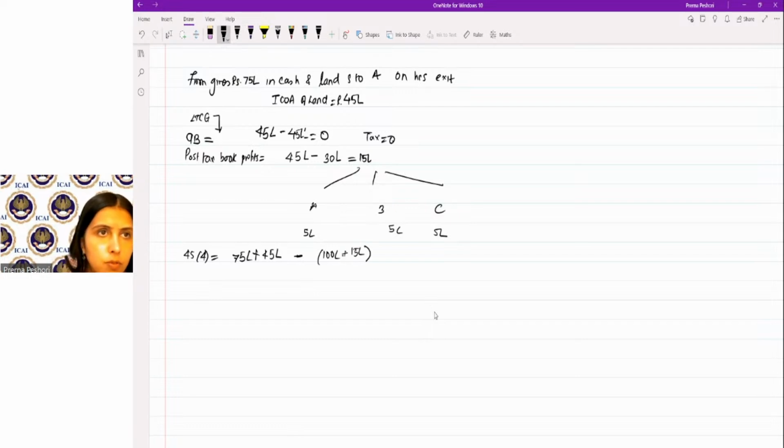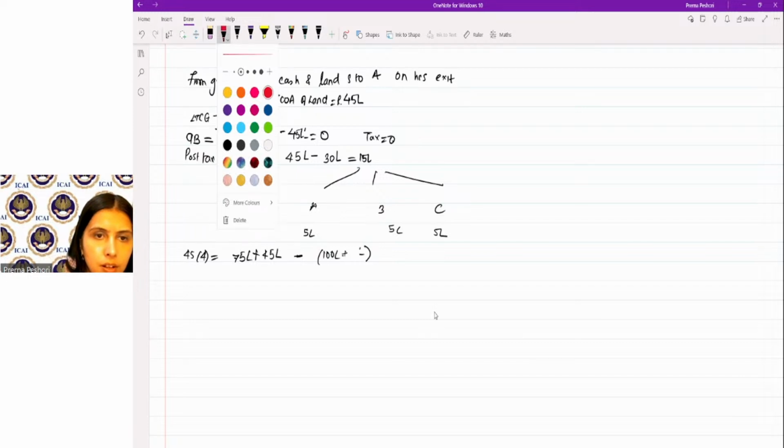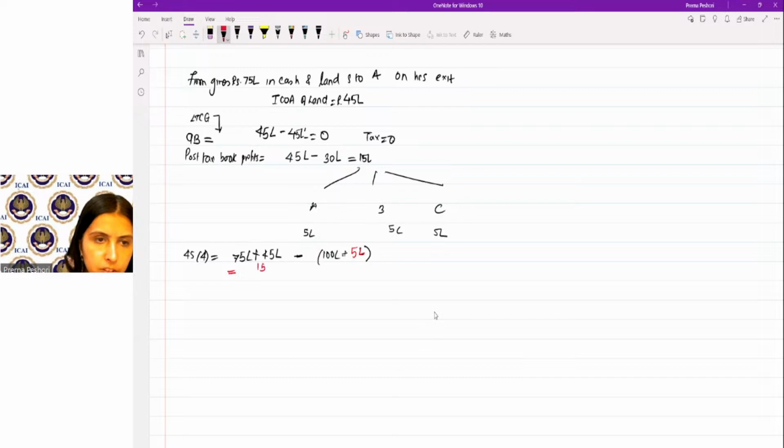Sorry, 5 lakh, not 15 lakh, 5 lakh. So which gives me 15 lakh as the 45(4).